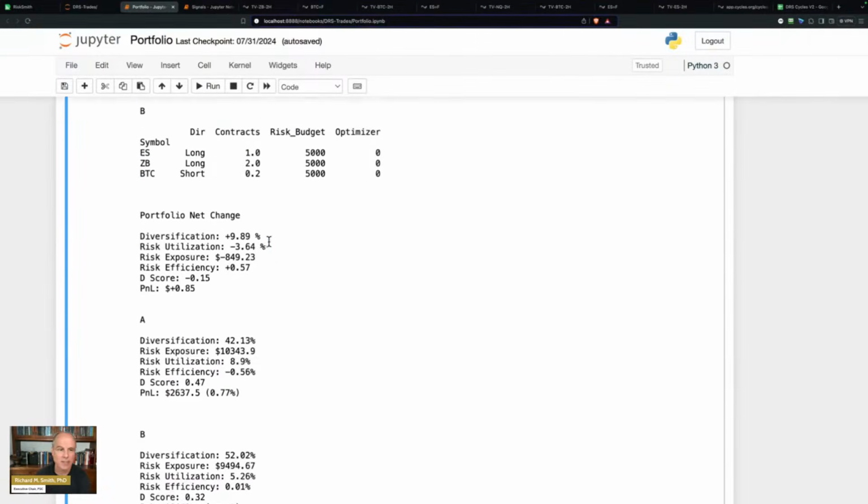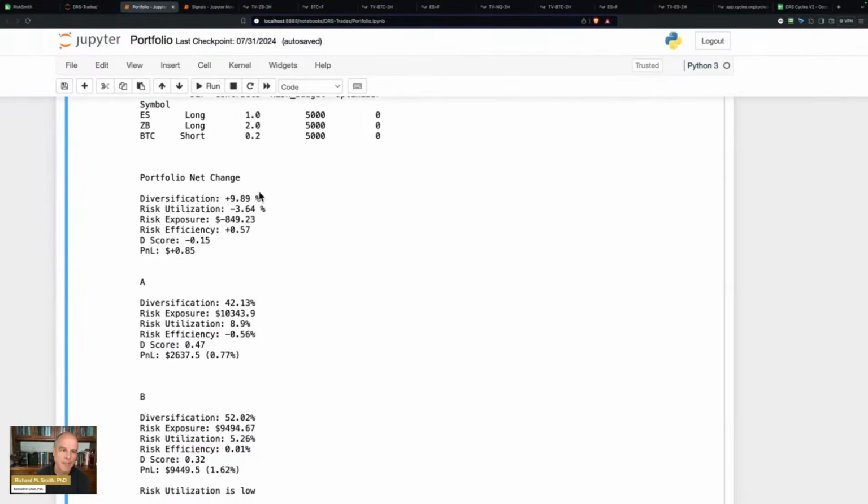And by adding more exposure, okay, I didn't take anything off. I added the exposure to long bonds. I went up almost 10 points in diversification, and I lowered my overall exposure by $850. That's what we call a risk-free trade, okay?